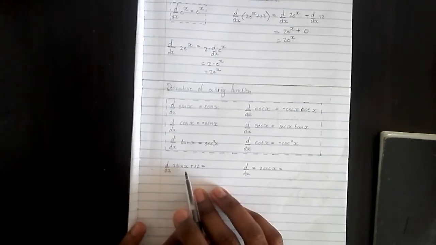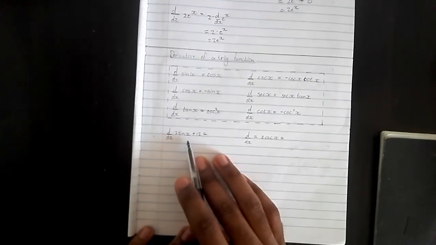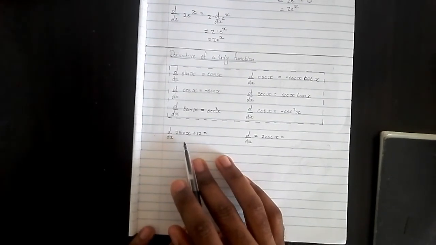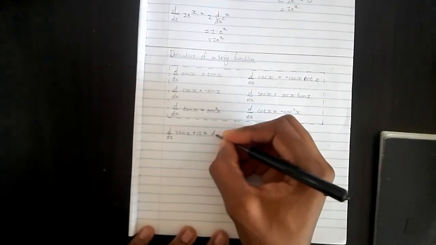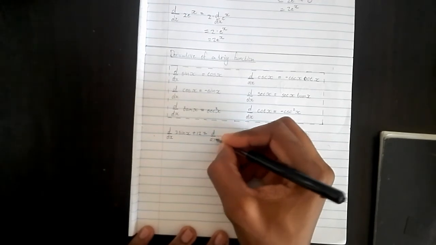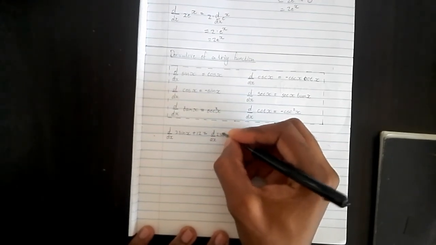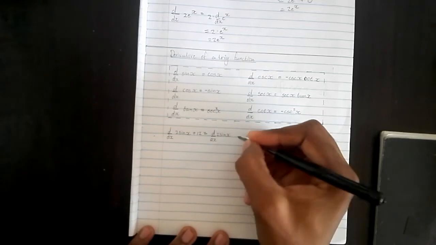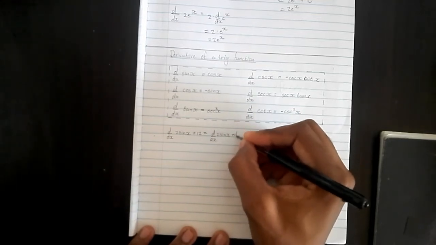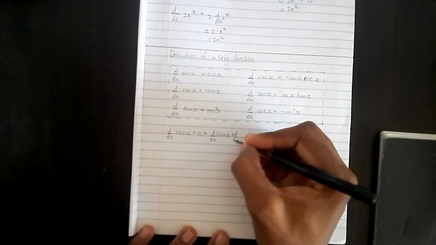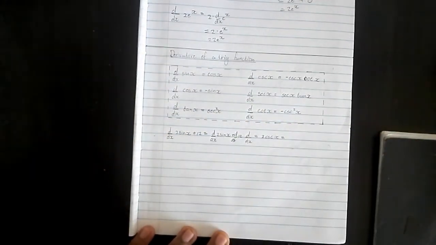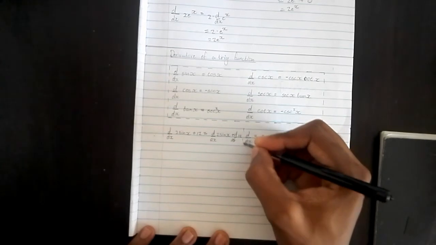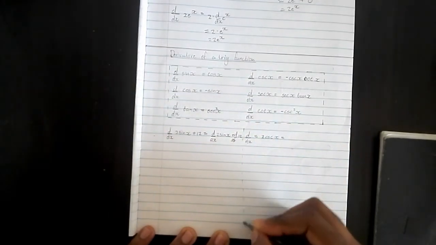So the example I'm going to go through is d/dx of 2 sin x plus 12. You can separate these two using the sum rule. We get d/dx of 2 sin x plus d/dx of 12. I didn't leave enough space here, but I hope you can see it and follow it.